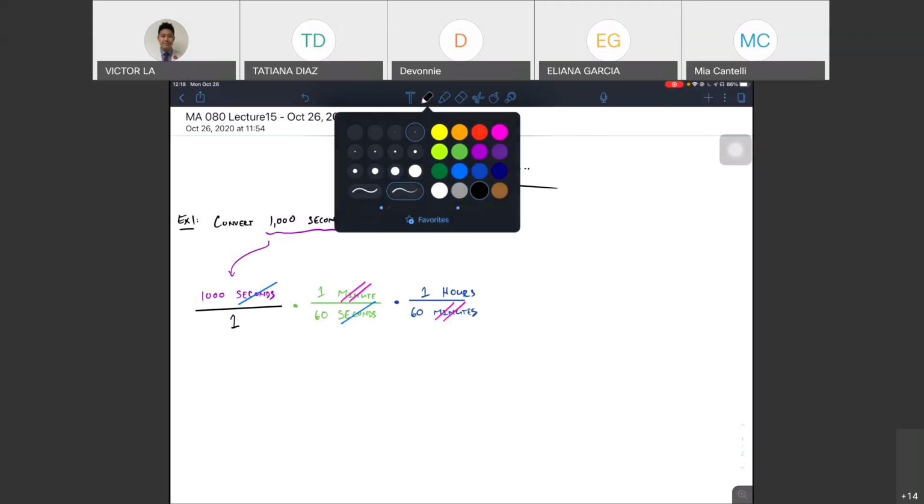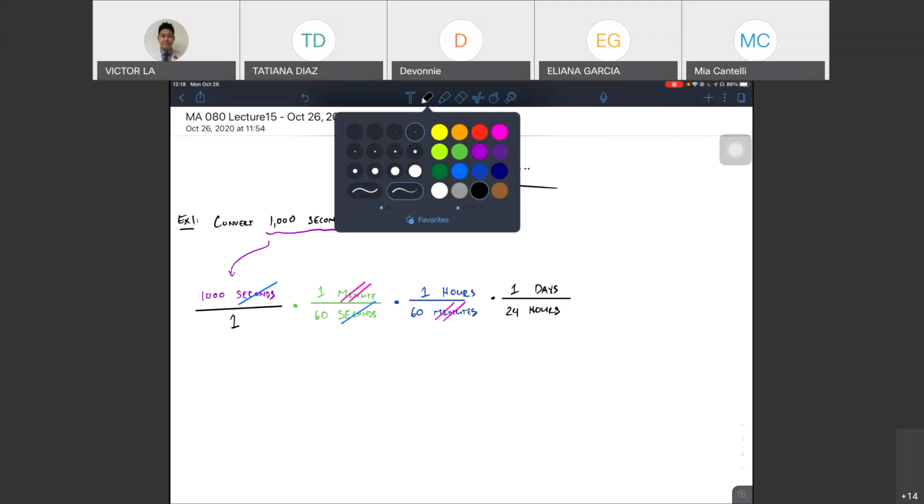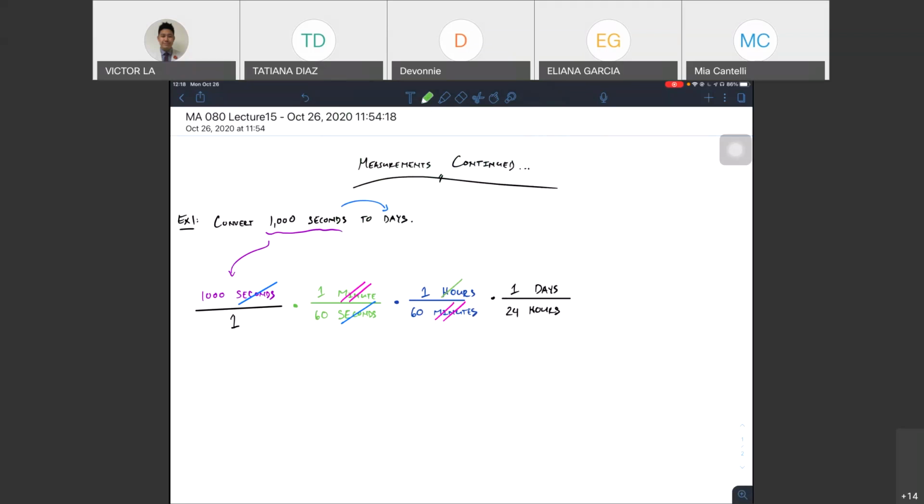And last but not least, if you're trying to get rid of hours to get to days, in 1 day, there are 24 hours. And then last but not least, you can see the cancellation here. 1, 2, 3, 1, 2, 3.